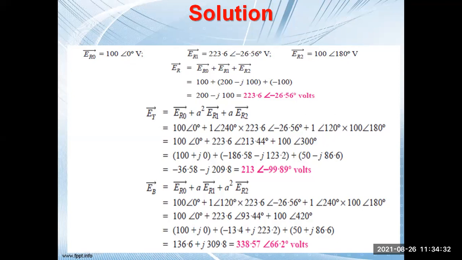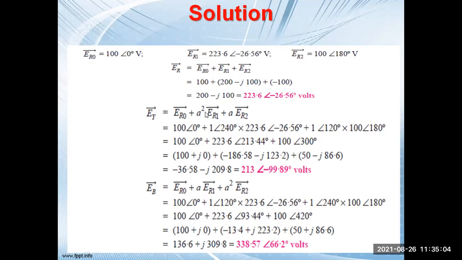Now, EY is equal to ER0 plus A square into ER1 plus A into ER2. Now, are these formulas familiar to you, this ER, EY and EB? This formula you know. Yes, sir. Okay.